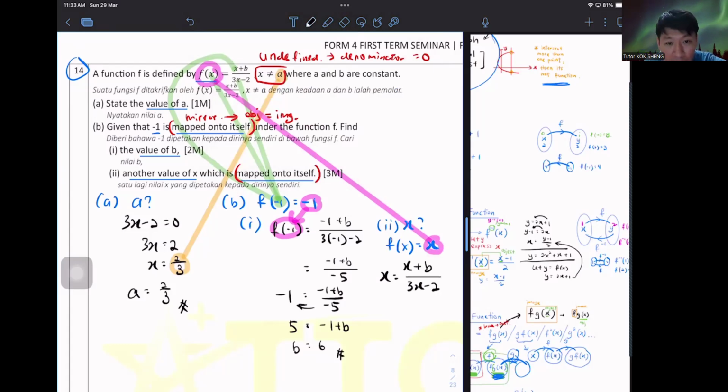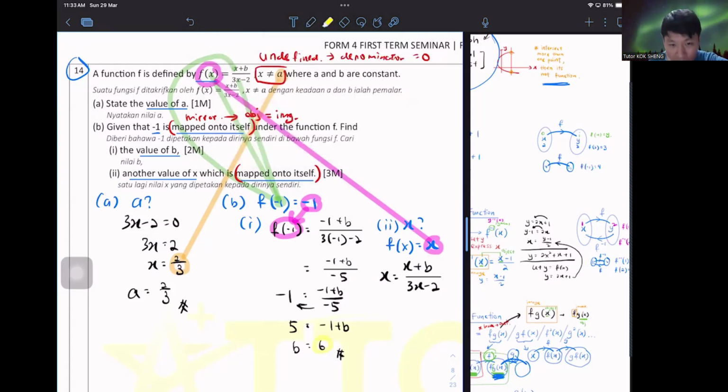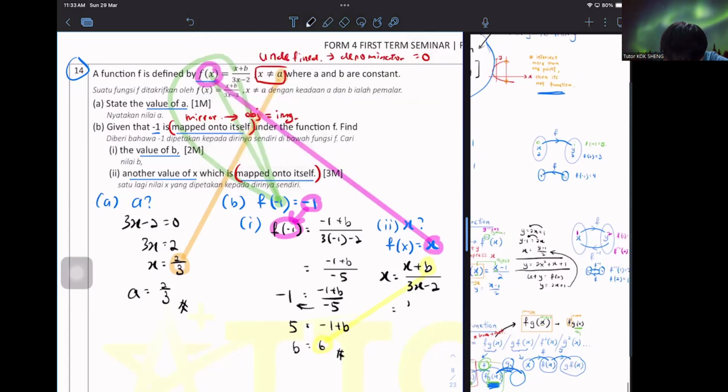And from here, you're finding the x value, the B you don't want, but don't worry, the B already got the answer, 6. Masuk. But provided you get it correctly for the B. If the B just now you get wrong, then this one also wrong. x equals to x plus 6 over 3x minus 2.